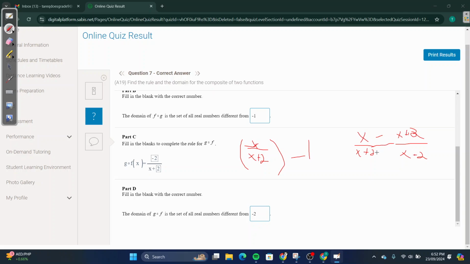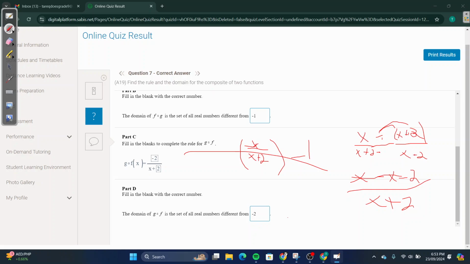Join them under one big line. Combine these two to get x minus (x plus 2). Again, you want to distribute the minus across x plus 2, so this would be x minus x minus 2, over x plus 2. X minus x cancels out. So you'll be left with minus 2 over x plus 2, which is our answer for part C.